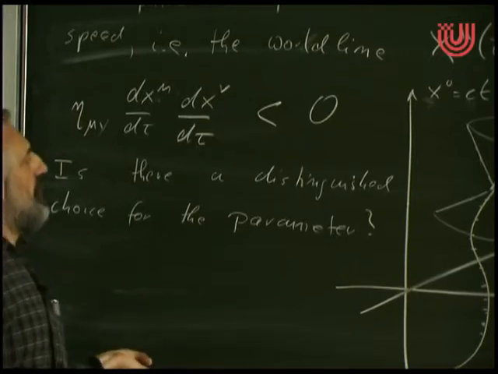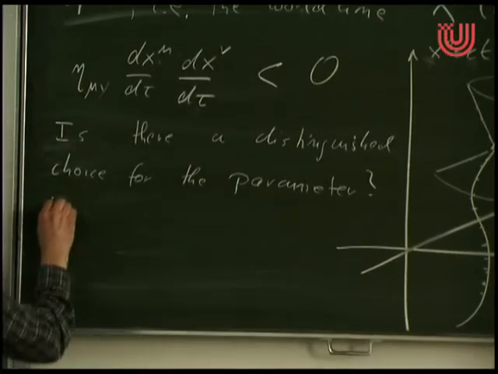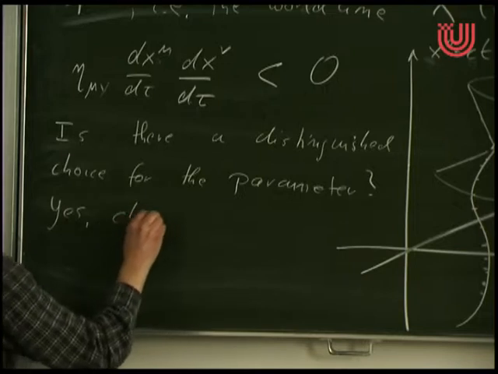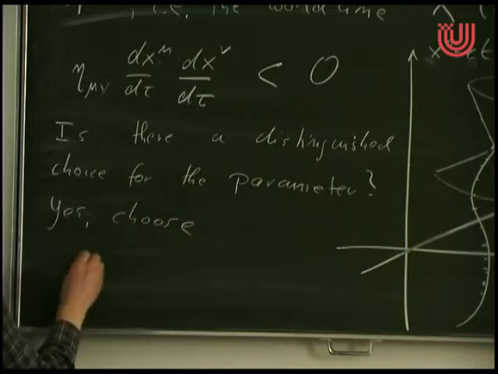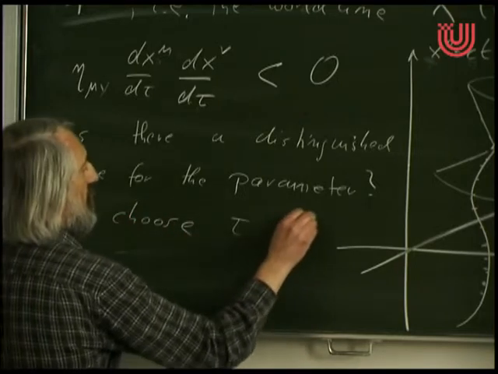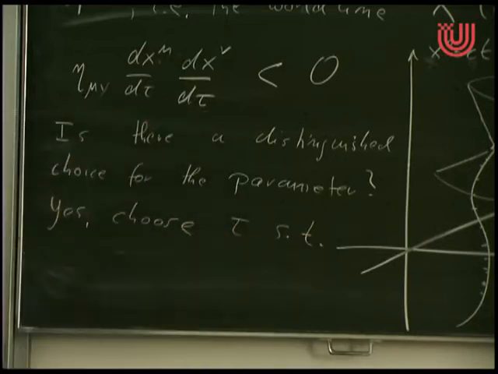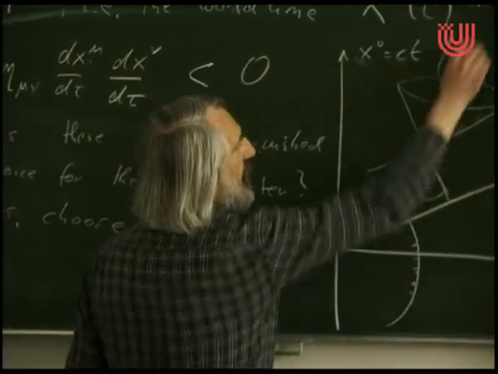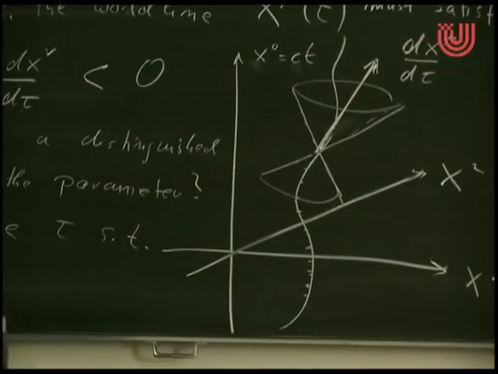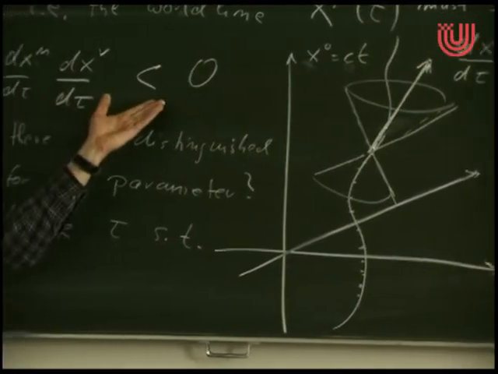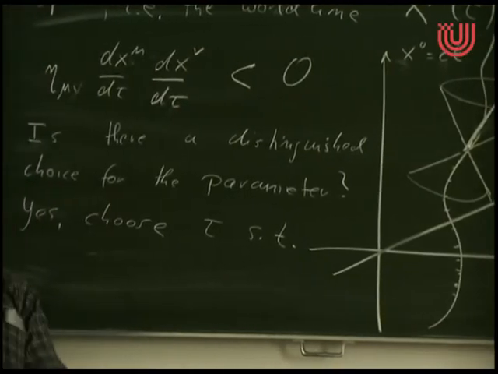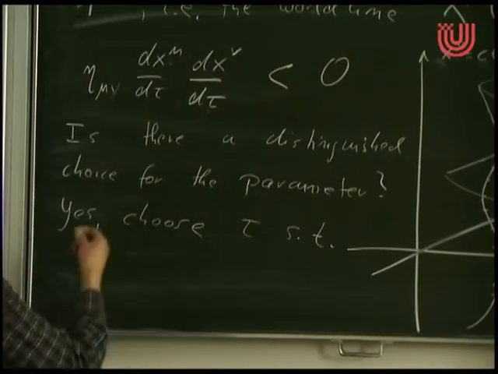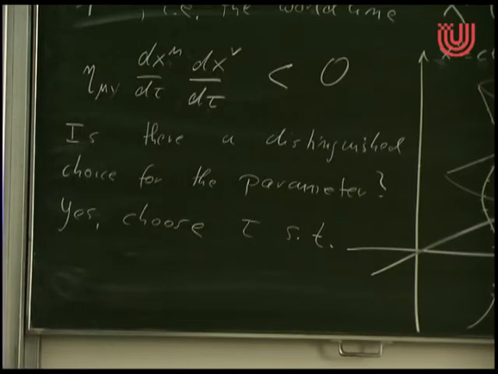So my claim is, yes, choose tau such that this expression, which could take any values, is normalized. If you reparameterize the curve, then the tangent vector becomes longer or shorter, so you could get any negative value just by reparameterizing. So do it in such a way that the thing is normalized to -c².